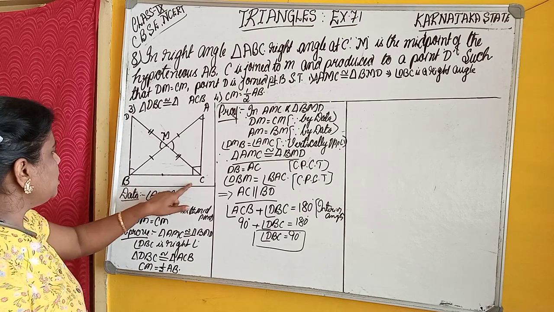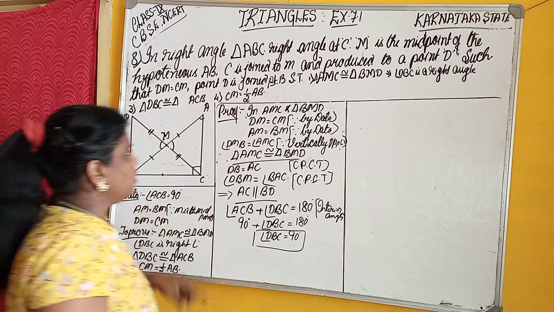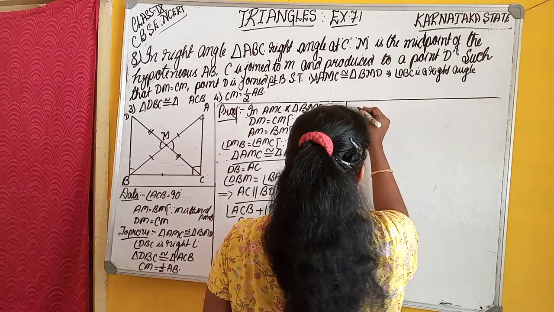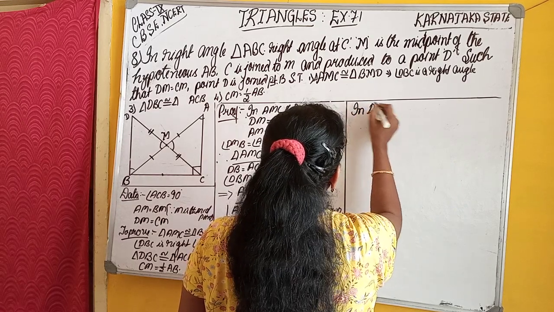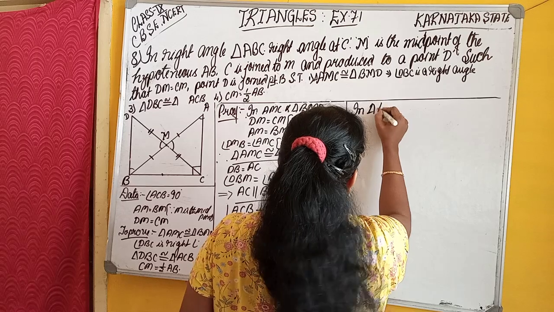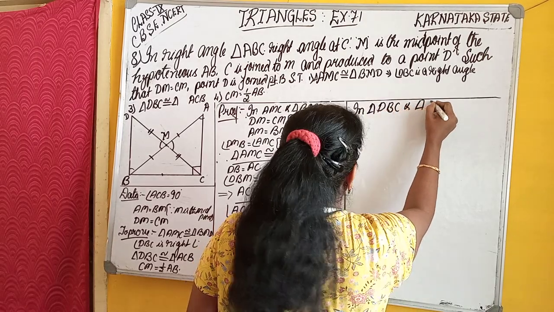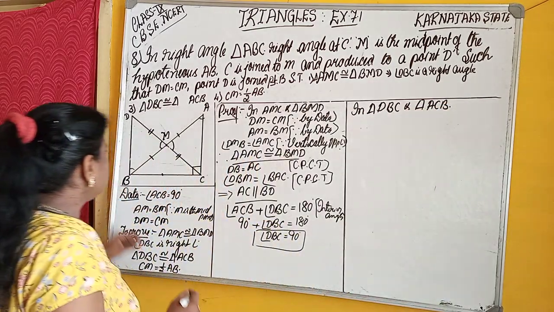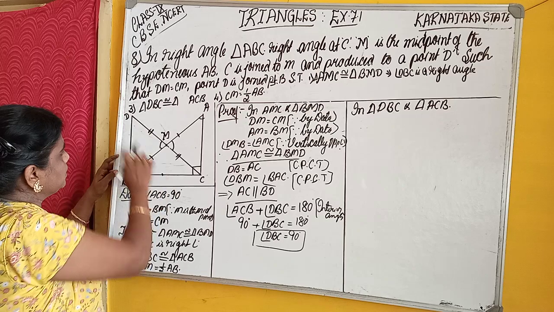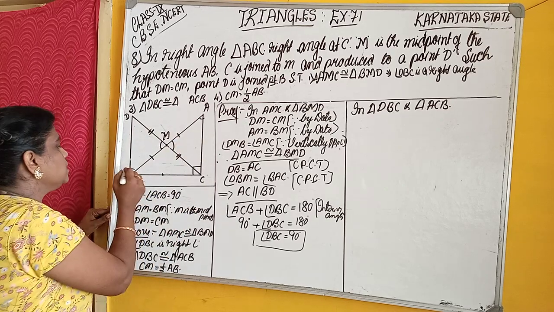Triangle DBC is congruent to triangle ACB. Here, consider triangles DBC and ACB. In these two triangles, two angles are equal.